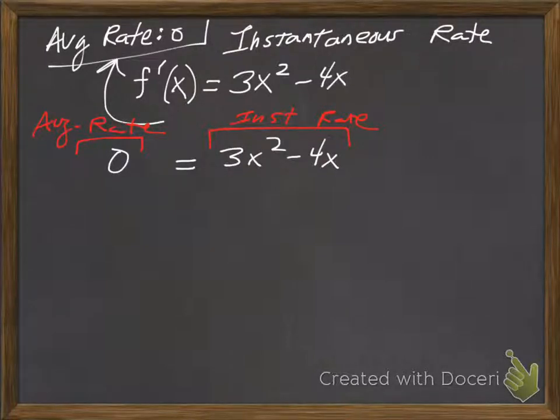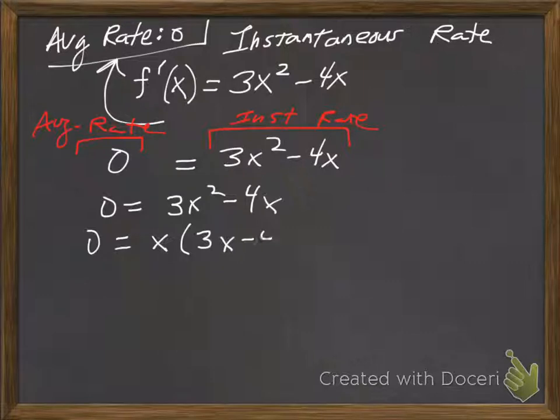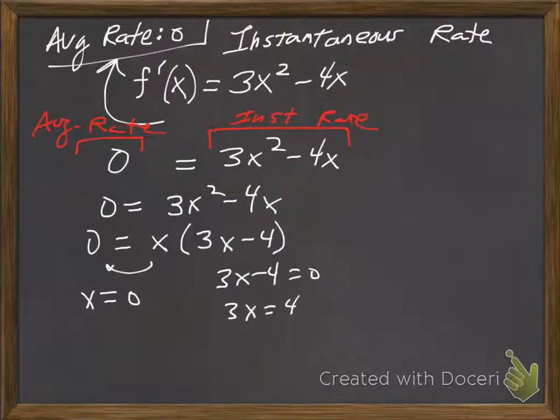Well, once you're here, it becomes once again an algebra problem, no longer a calculus problem. But since these two need to be equal, let me write it more clearly here, simply solve. So factor an x out. You have two solutions, x equals 0 and x equals 4/3.